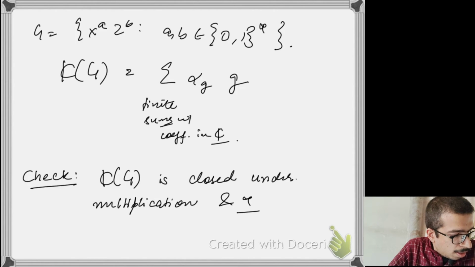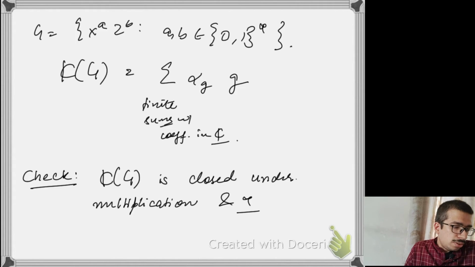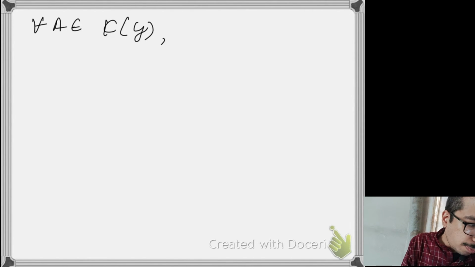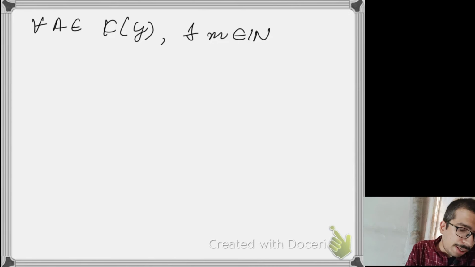Okay, and now we haven't yet defined a norm, right? So let's define a norm. For all a in C of g, there is going to be some integer after which all the elements are identity. So what I can do is combine the first m elements.